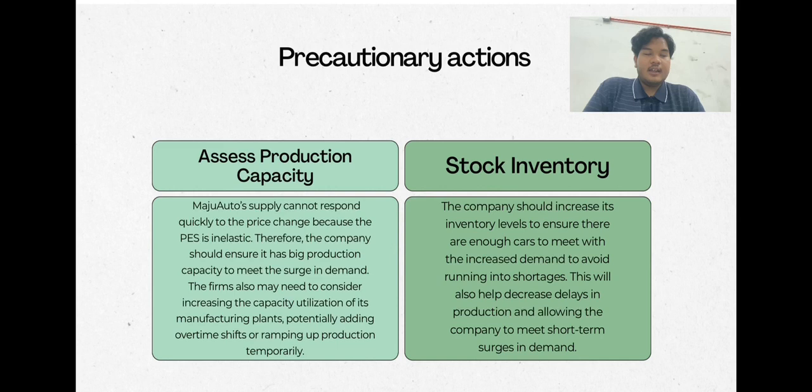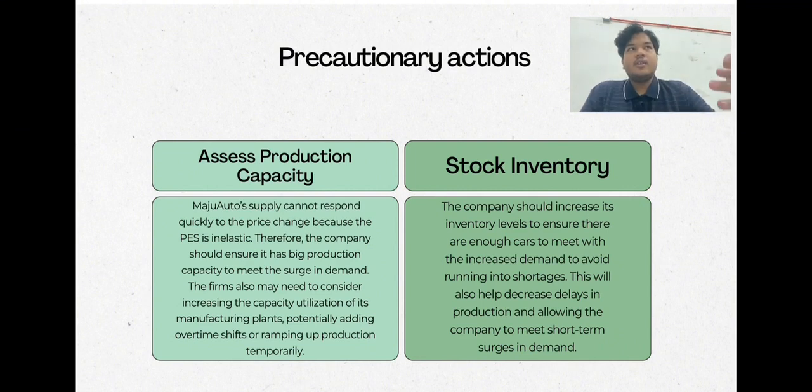The first one is to assess production capacity. It means Maju Auto cannot respond quickly to the price change because the PES is inelastic. This means the supply of Maju Auto cannot respond quickly to the price change.